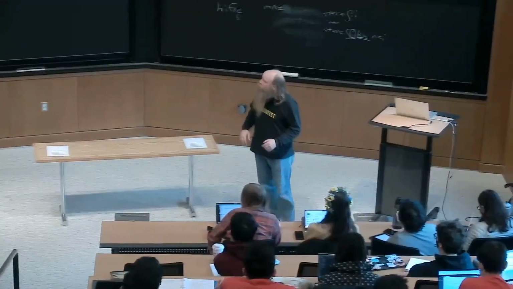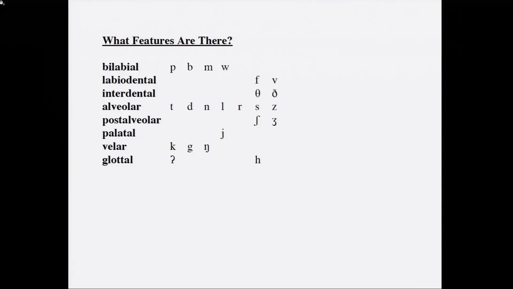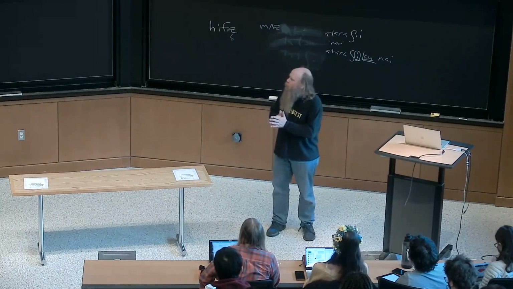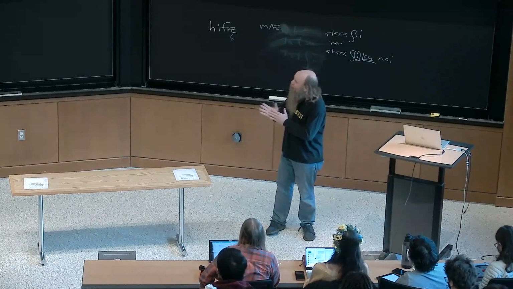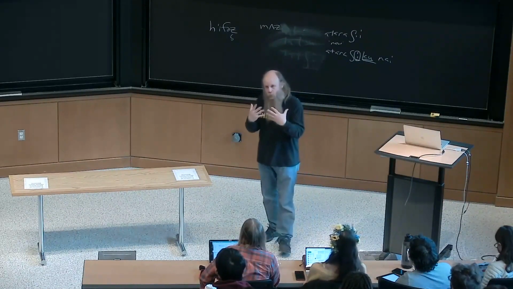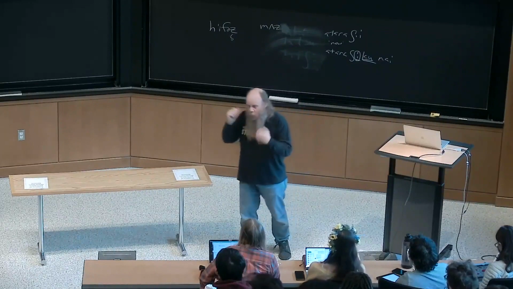So what I want to do today is introduce you to some other kinds of classification. And I'll, as much as possible, try to show you places where languages care about a particular class of sounds. Again, this is all in the service of making it easier for us to understand why certain kinds of sound changes are natural and others are not.